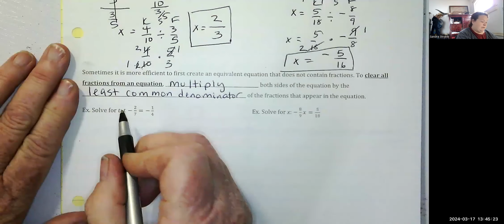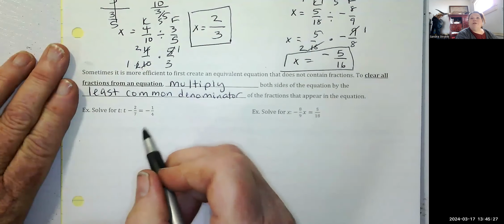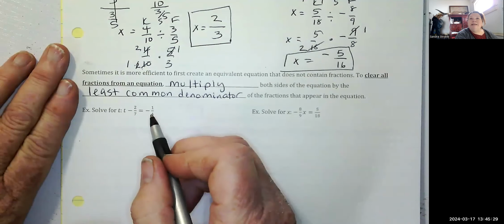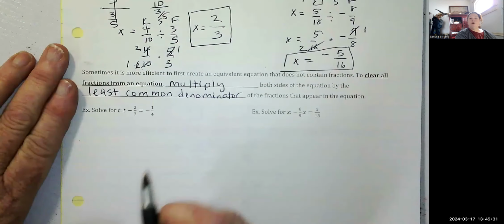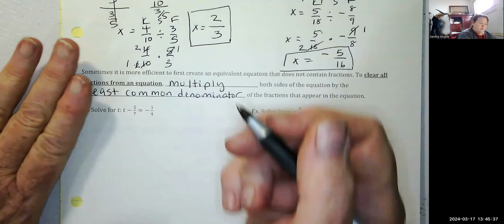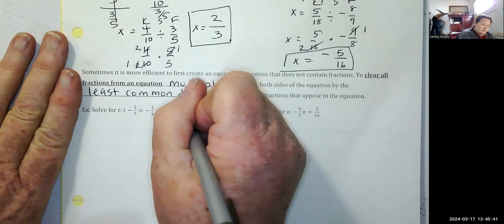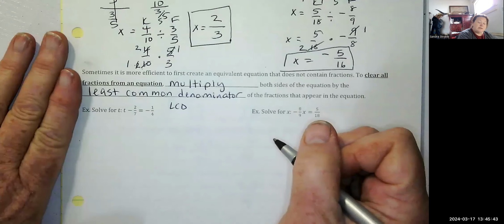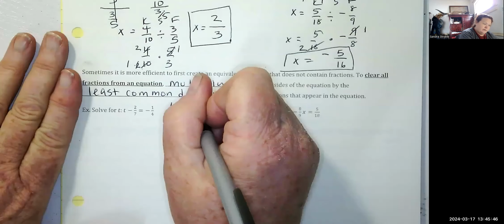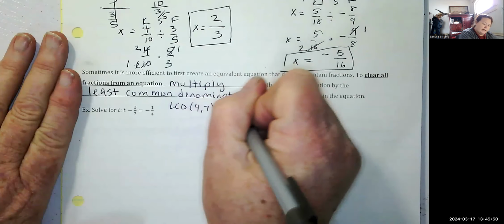So in this case, we've got t minus 2/7 is equal to negative 1/4. If we were talking about the fractions only, what is the common denominator? Well, let's think about it. The least common denominator between 4 and 7 is going to be 28.